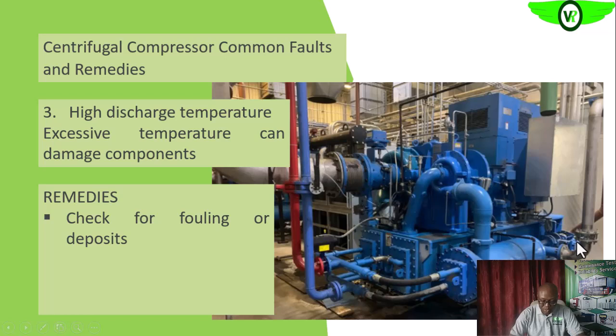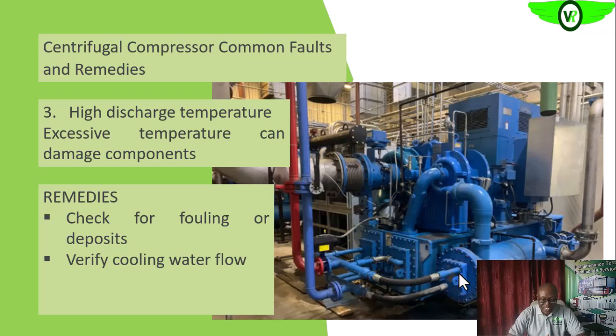So we want to check that there is no fouling, which means we want to maintain a regular routine of preventive maintenance on our heat exchangers, the intercooler and the aftercooler.